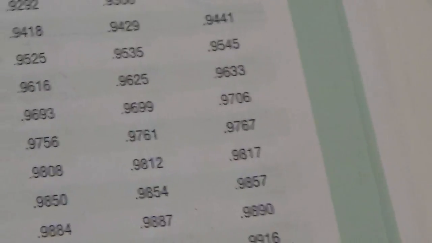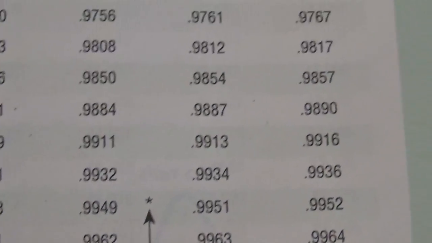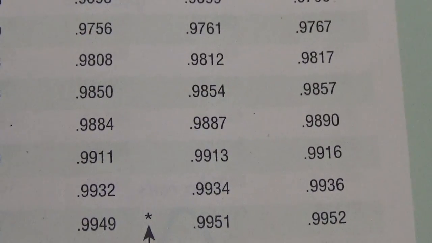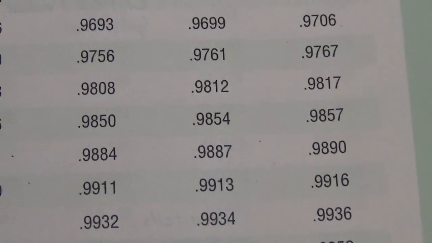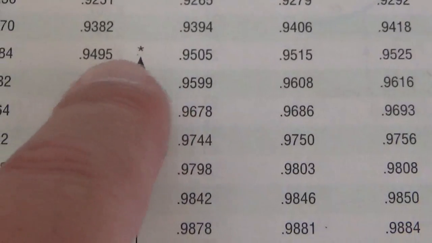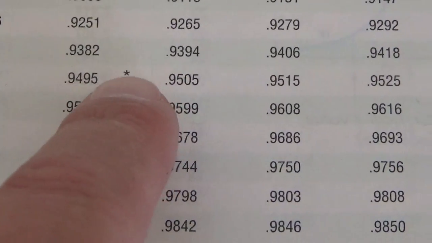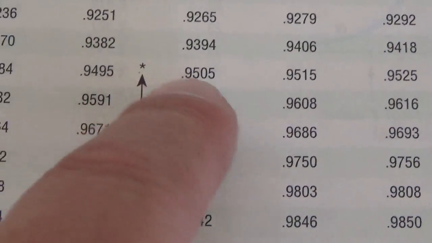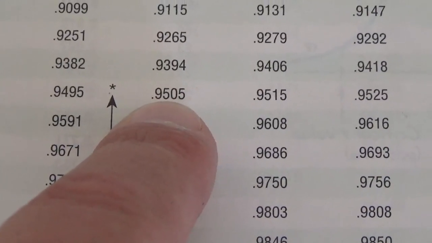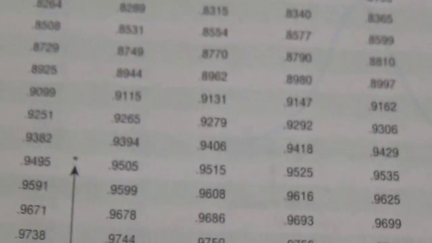So if I were looking for 0.95 and couldn't find it, and I don't see a special value, just pretend, then I would choose the larger one, which is 0.9505. So that's what we're going to do.